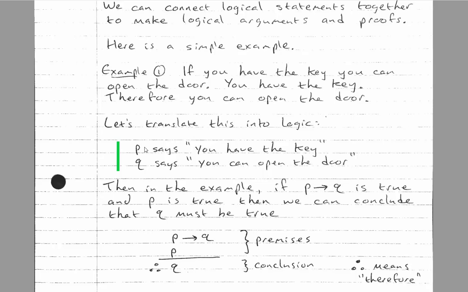In terms of logic, P is saying you have the key. Proposition Q is saying you can open the door. So if this implication is true and P is true, then we can conclude that Q must be true.